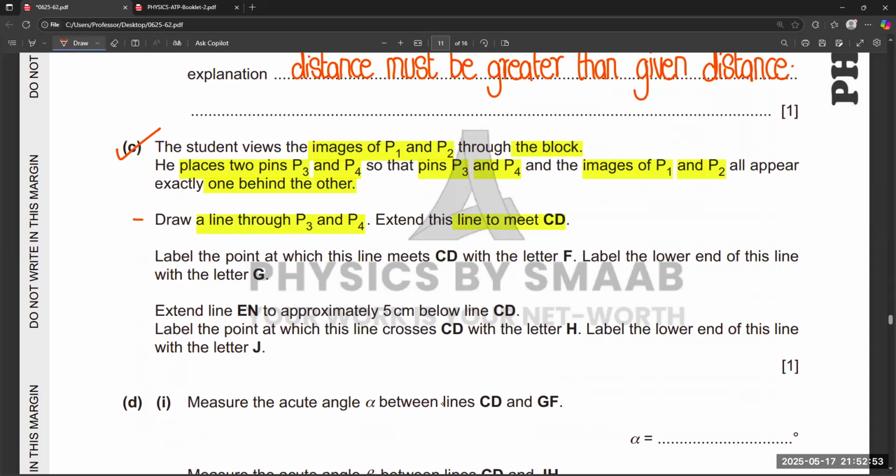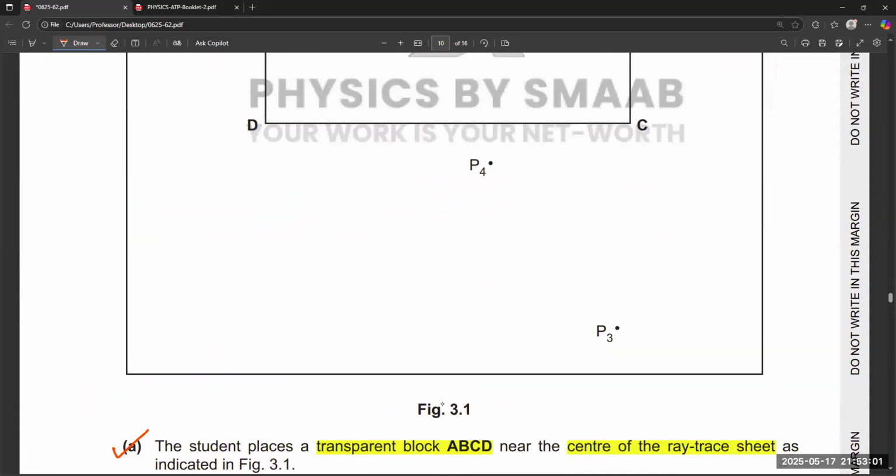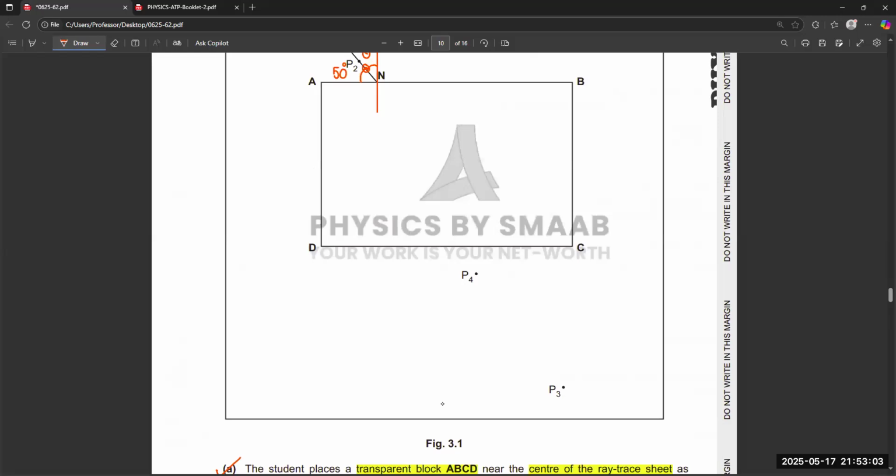So this is the instruction. We have to connect these two points, and it is passing through CD. Simple.